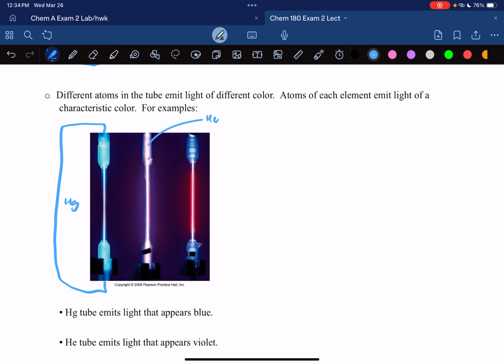And if you put hydrogen gas inside and energize it, it gives you reddish light. So how come different substances give you different light when you energize them? Do they have different energy? Yes, because I will have to analyze these lights.